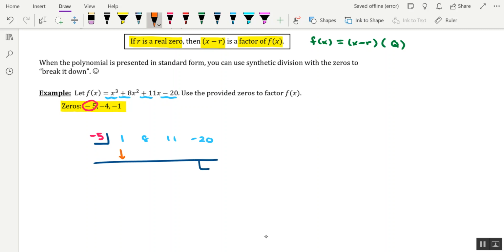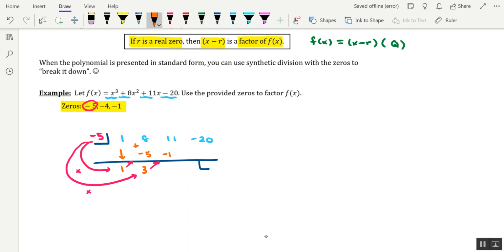We'll do the synthetic division. And since we know that -5 is a real zero, we should end up with the remainder of 0. So let's see about that. -5 times 1 is -5. Adding down, we get 3. Multiply by -5 again to 3.